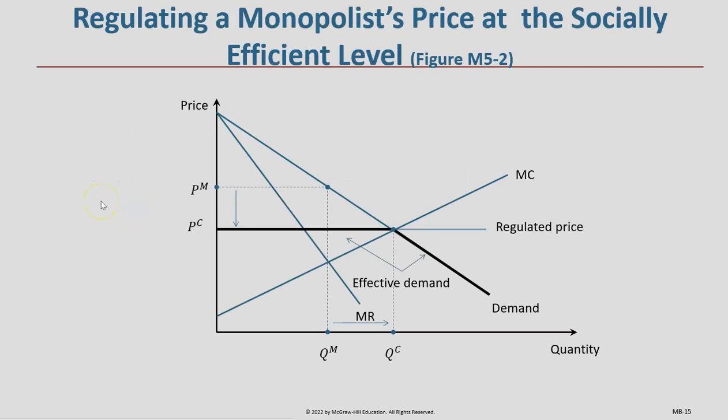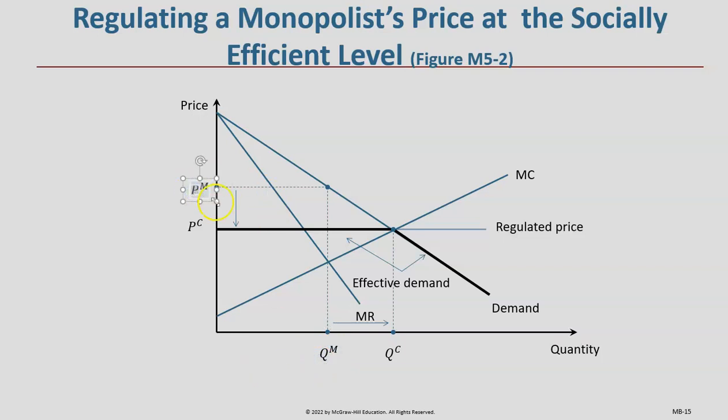might look like this. This is figure M5-2 in the book. So here we have demand, supply, or marginal cost, and marginal revenue. And the tendency for the monopoly would be to produce QM and charge PM.